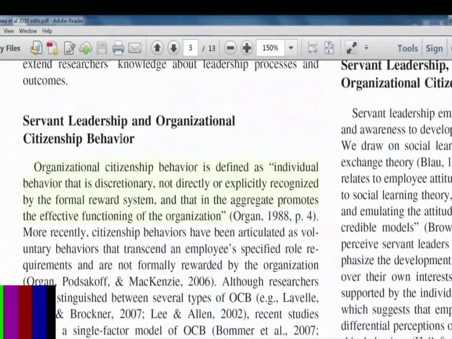And it says organizational citizenship behavior is defined as individual behavior that is discretionary, not directly or explicitly recognized by the formal reward system, and that in the aggregate promotes the effective functioning of the organization. So then it goes on to explain what organizational citizenship behavior is and its relationship to servant leadership. So if you're reviewing this article, make sure you talk about that relationship. What organizational citizenship behavior is, how does the article describe that relationship? And as you can see, it's all right there.